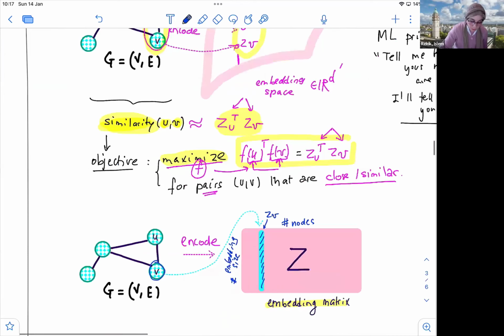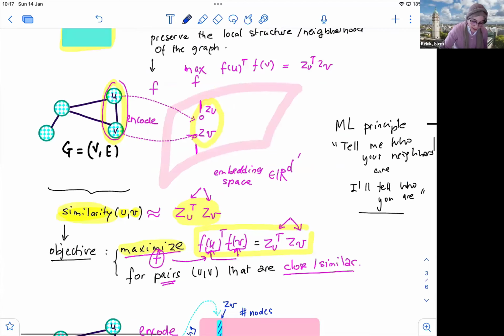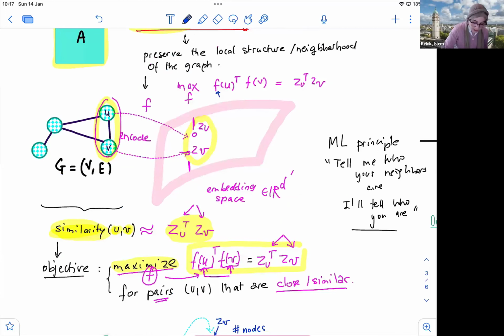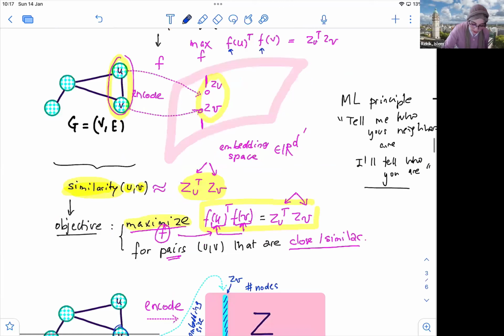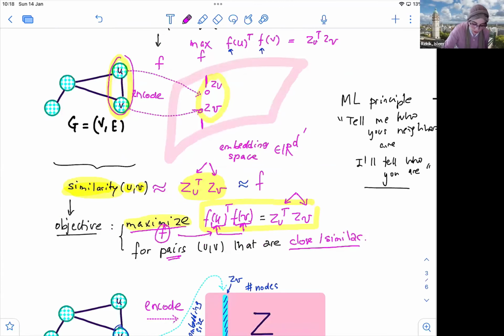Now, you may think about the objective and how we are going to learn the F. The F is important for us, and it is f(u) transpose f(v). But in order for us to learn the F, we need to define the similarity.